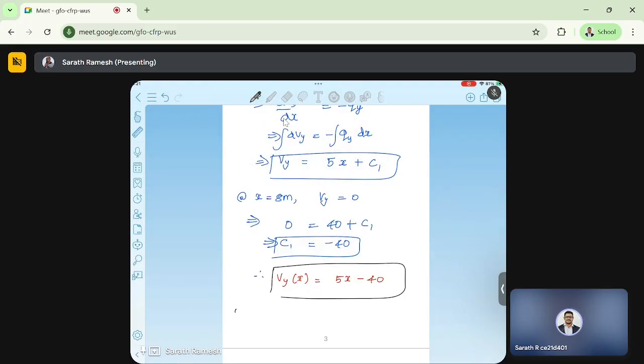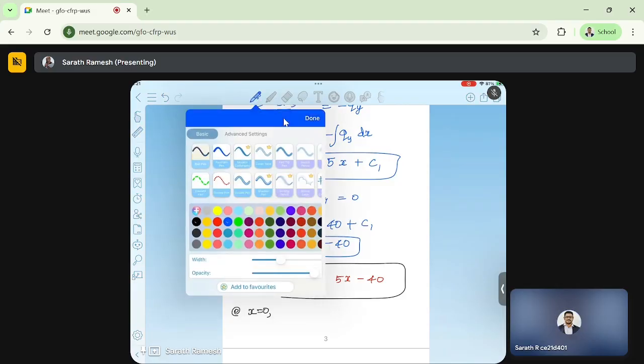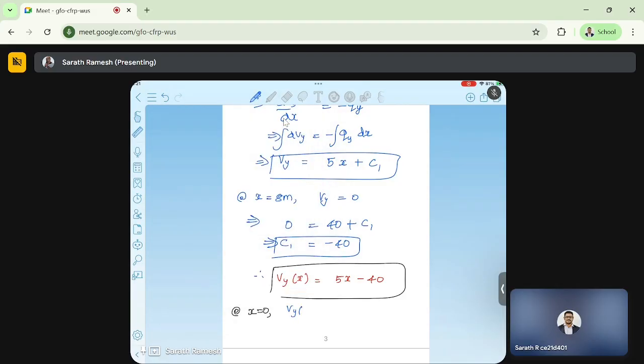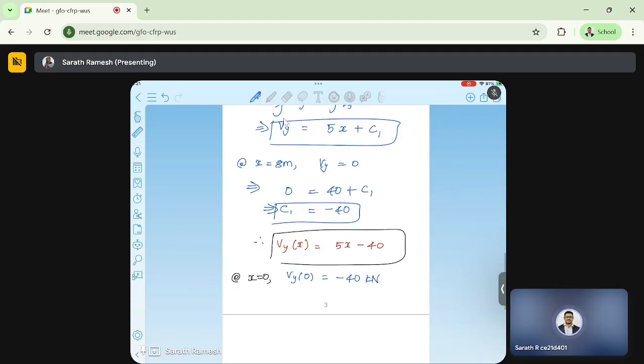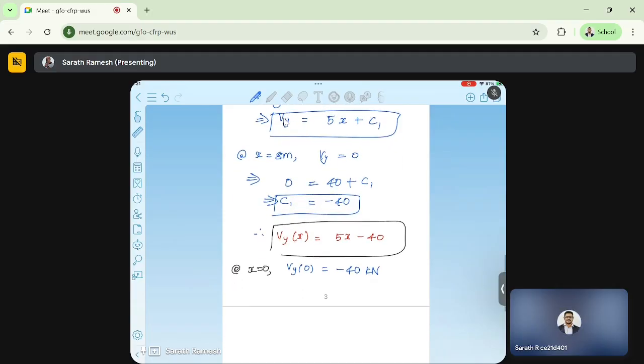Now we need to find the reaction force at x equal to 0. My vertical reaction force Vy of 0 equal to minus 40 kilonewton. So what does this minus represent here? We are getting an expression for shear force, so we have got a negative shear force.